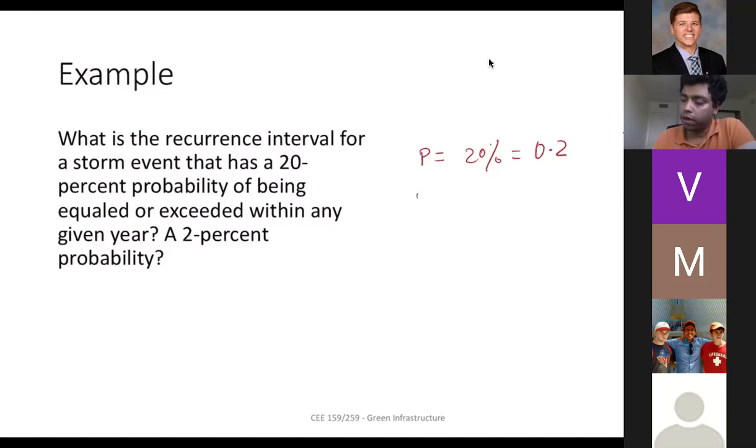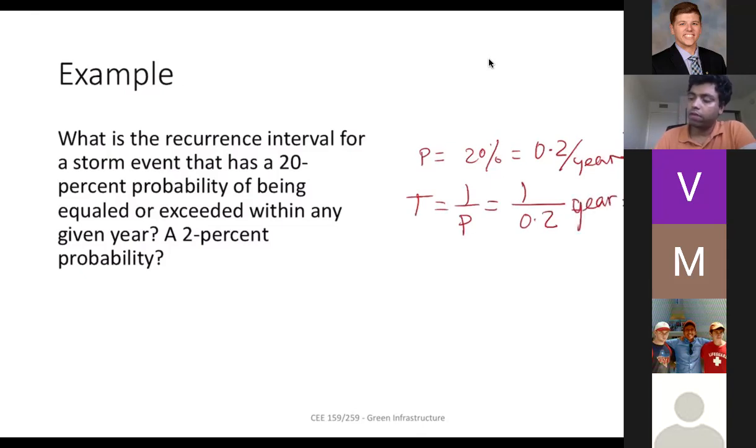Again, return period is 1 over probability. So this is per year, and that will be 1 over 0.2, so this is 5 years. So the return period is 5 years, meaning that every 5 years, this kind of rainfall intensity might happen in that area.